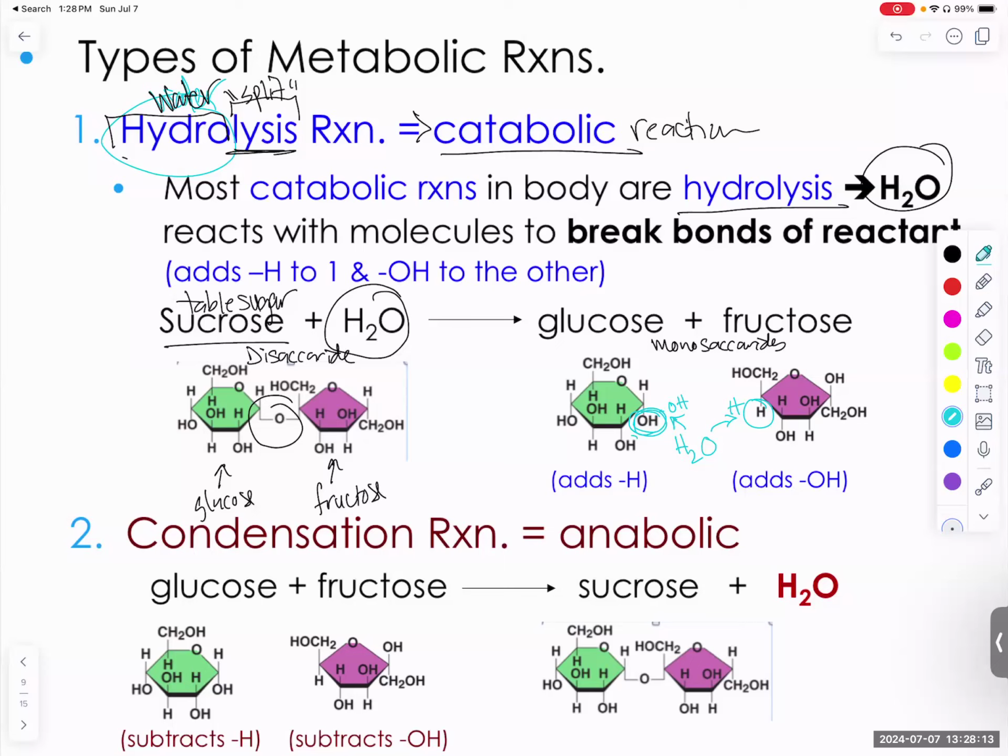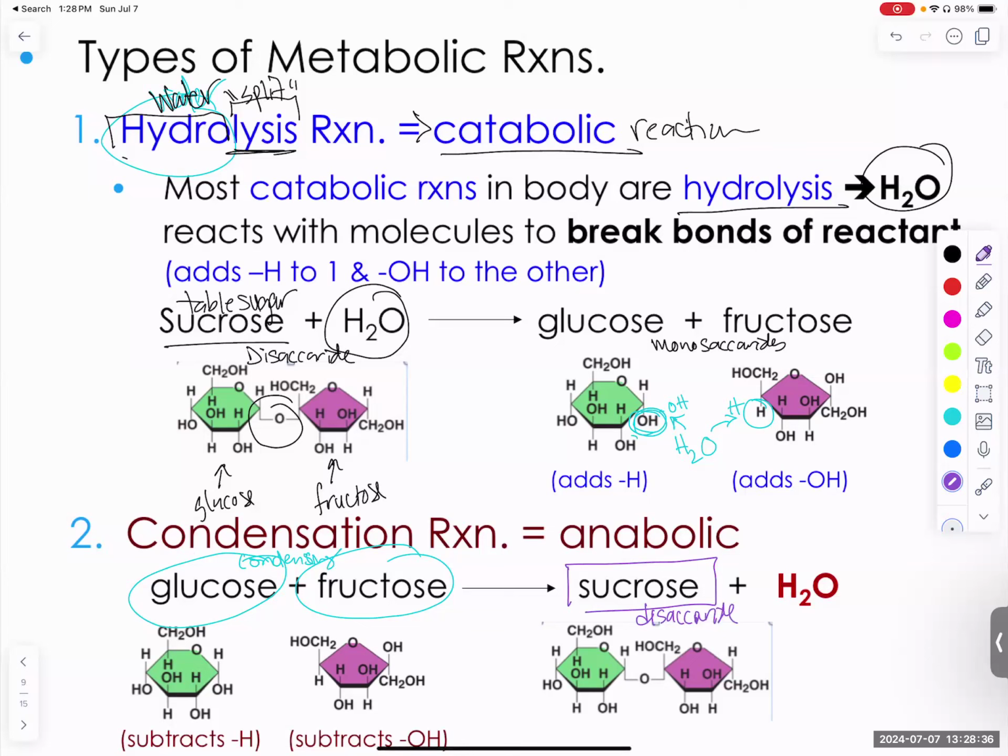So that's a hydrolysis or catabolic reaction. Condensation is going to be the opposite. You're condensing, right? You're taking two single molecules and you're going to combine them into one. So you're taking two monosaccharides in this example, and you're going to make them into a disaccharide.